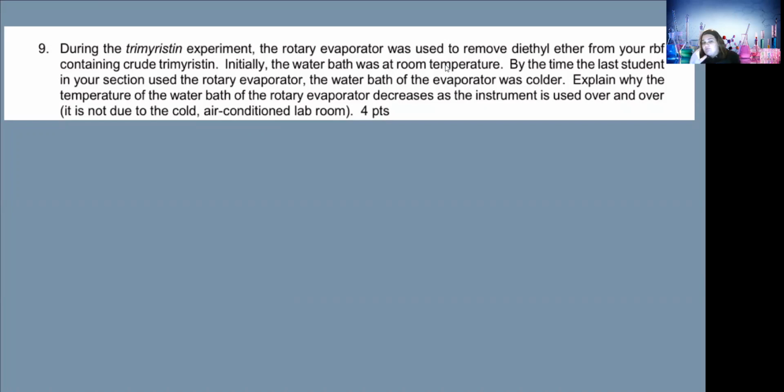If you are applying a vacuum, we know the pressure is decreased in the rotary evaporator system. So if we're decreasing pressure, what happens to temperature? Well, we're decreasing the temperature of all of our glassware.